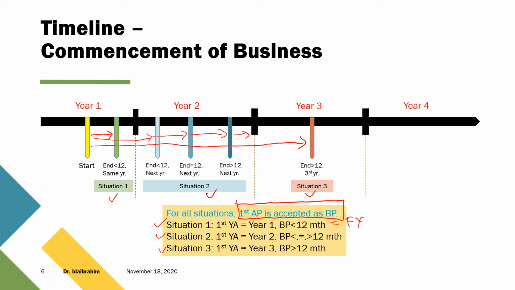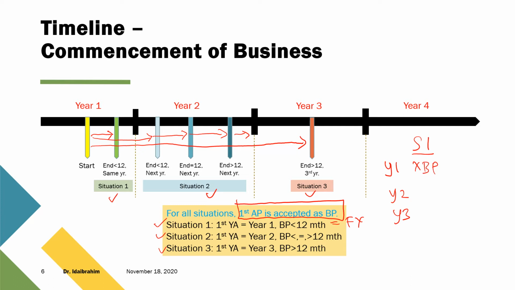For situation 2 it can be a failure year or a full 12 months, but we accept the accounting period as the basis period. Situation 3 we also accept as the basis period, which means year 1 is the commencement of the business. So year 1, year 2, year 3. Under situation 1, for year 1, we do not have a basis period.